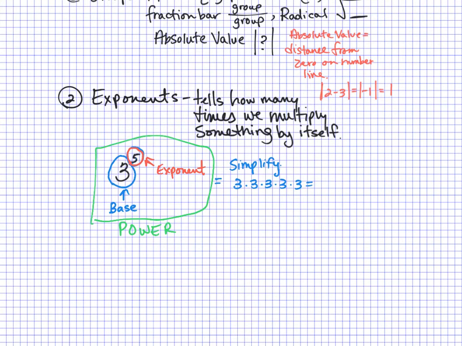If we were going to simplify this, we would have to multiply all of those 3's together. Maybe we can use a little shortcut here. 3 times 3 is 9. 3 times 3 is 9. So we have 9 times 9 times 3. This is 81. 81 times 3 is 243. So 3 times 3 times 3 times 3 times 3 is 243.